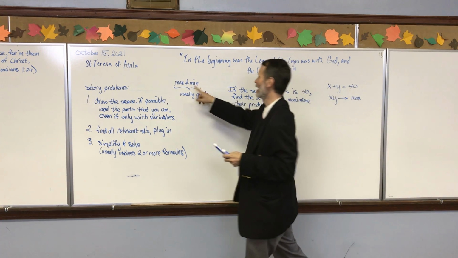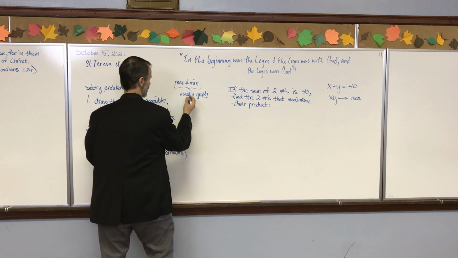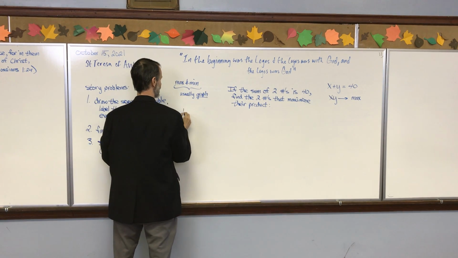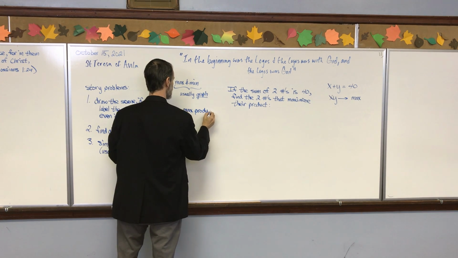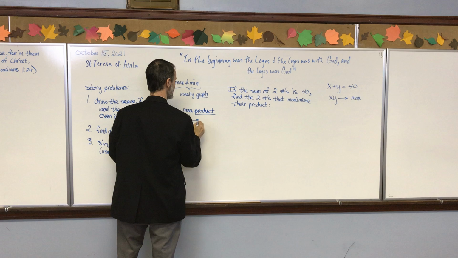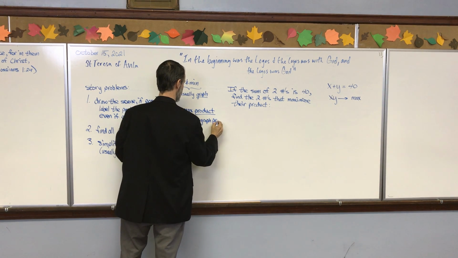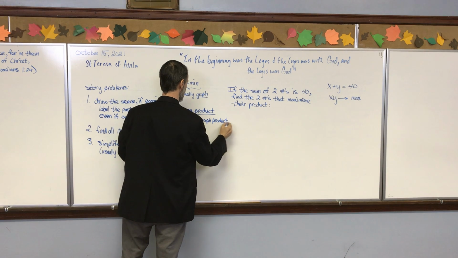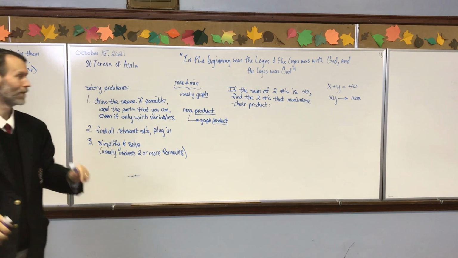We're trying to find the product that's the highest. In other words, if I want to find the maximum product, this means you have to graph the product. Does that make sense? Whatever you're trying to maximize, graph that.